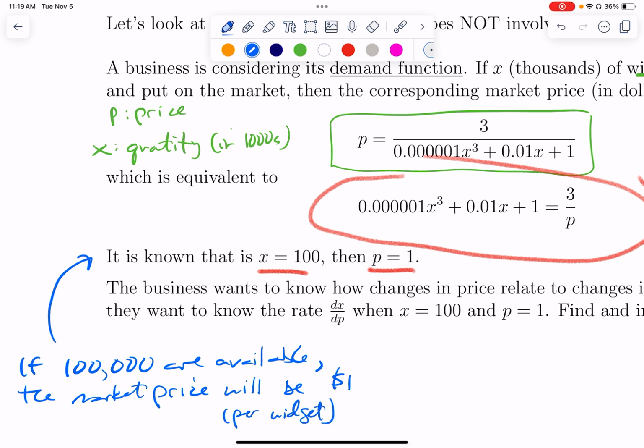The market will sort of assess, is this rare? Is this common? Is this valuable? And it'll even out at basically people will be, at least on average, paying $1 per widget.